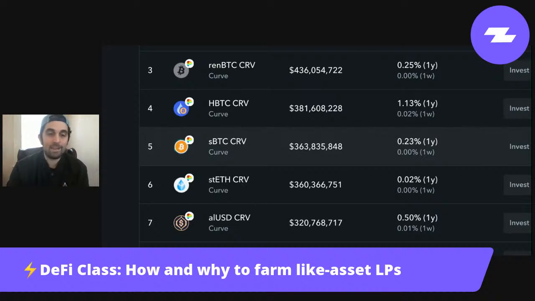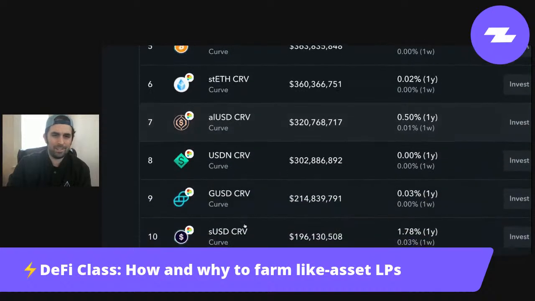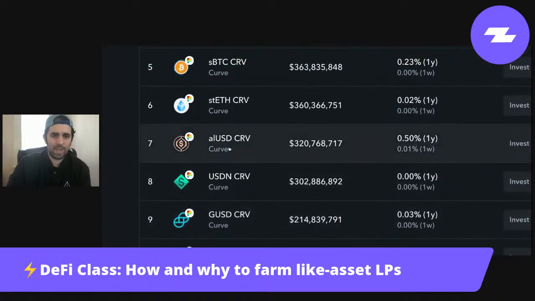I can earn market making fees, and I can earn the yield farming rewards. There are so many in here to check out. I mean, ALUSD refers to Alchemix. That's a newer one. They have about 99% rewards right now issued through a few different yield farming initiatives they have.